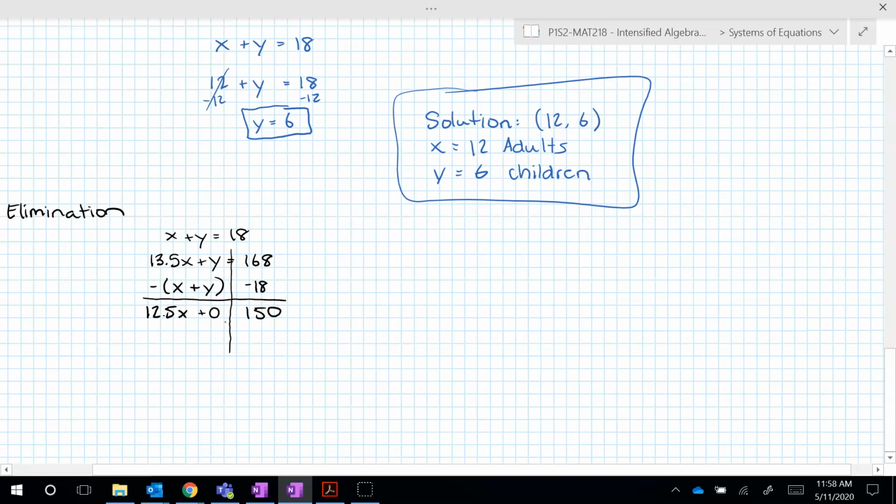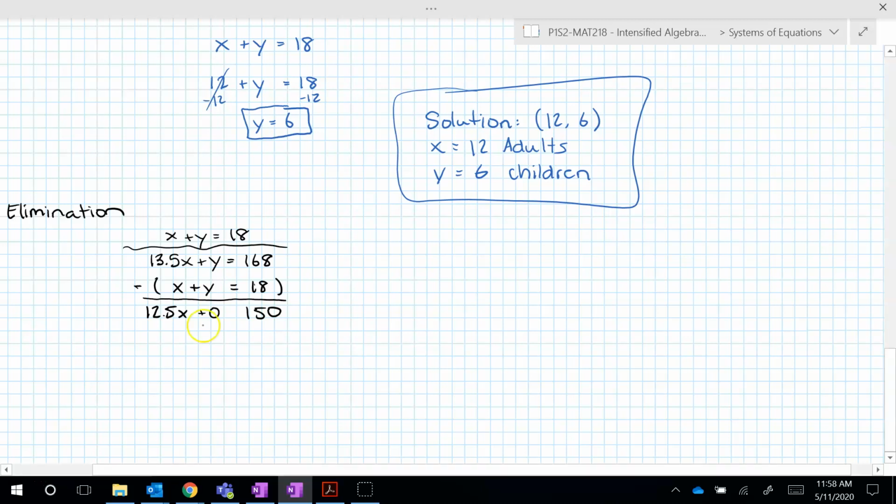What we often do, instead of doing all of that process, is say I can really subtract one whole equation from the other. I can just take away this top equation, x plus y equals 18. Let's just subtract that whole thing from this. That's effectively what we're doing: subtracting 18 from the right-hand side, subtracting the variables from the variables on the left-hand side, and that ends up canceling my y values.